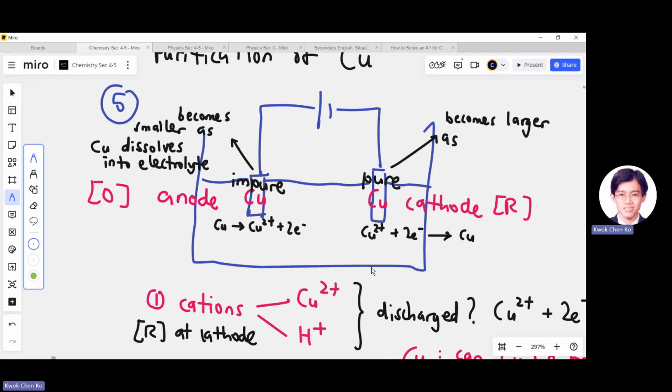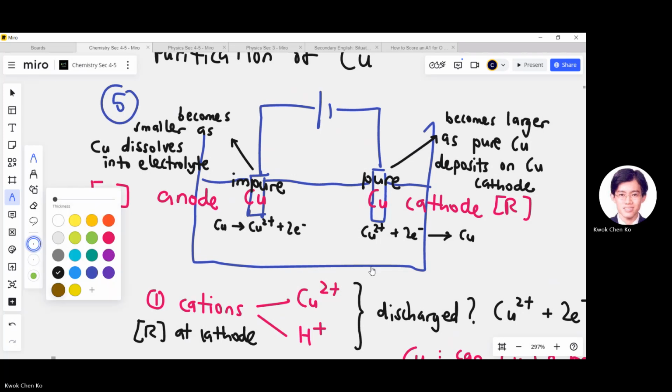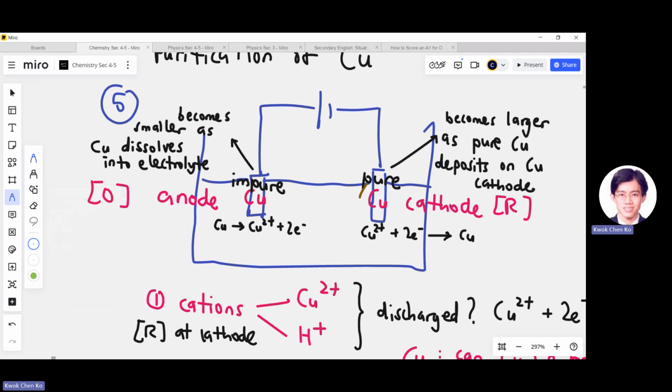But the point is this: on the cathode, pure copper is deposited on it. So this is going to become bigger and bigger with pure copper.